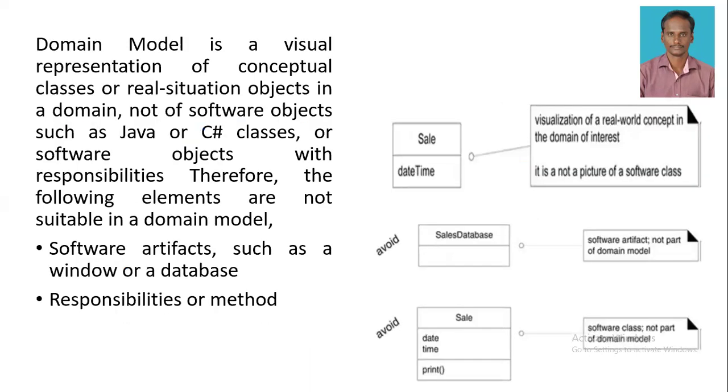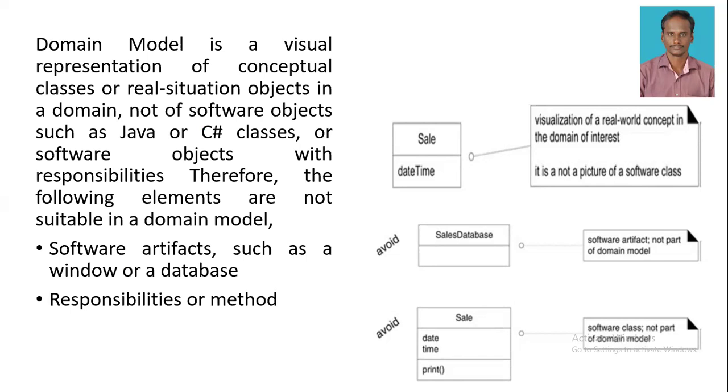Next, a domain model is a visual representation of conceptual classes or real situation objects in a domain, not of software objects like Java, C++ or C# classes with responsibilities. Therefore, the following elements are not suitable in a domain model: software artifacts such as a window or database, and responsibilities or methods.